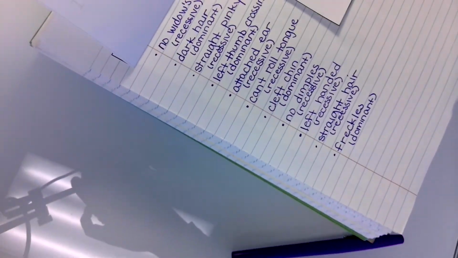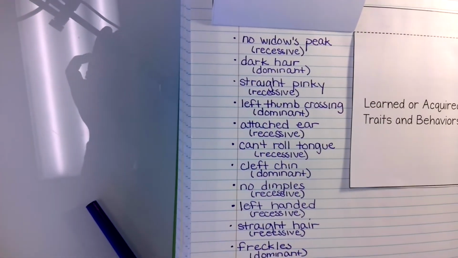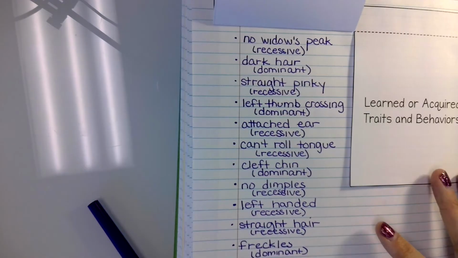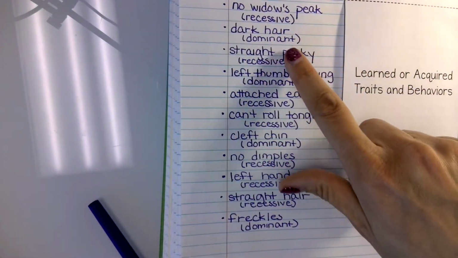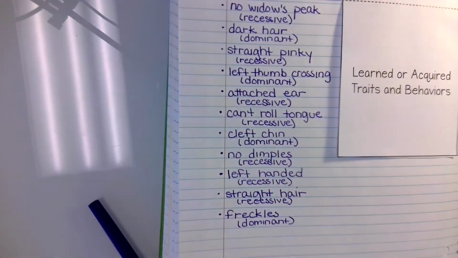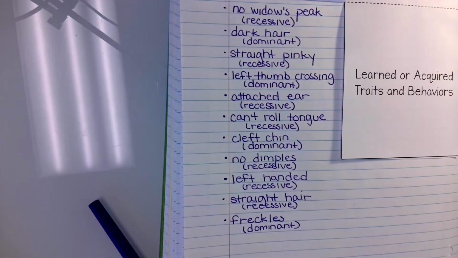So go ahead. I'm going to show you my book. Let's see. Oh, I can turn the camera. Hold on one second. It's going to get all funky because I'm going to turn you. All right, here's my list. So yours should of course have whether you have a widow's peak or no widow's peak, blonde hair, dark hair, straight pinky, or whatever yours is, and whether it's recessive or dominant.